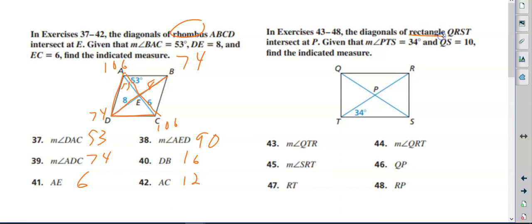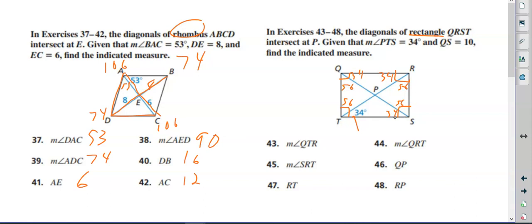So here we have a rectangle. So we know all of these are 90 degrees. Okay? If this is 34 right here, then 90 minus 34 is 56. Okay, and opposite interior angles, this is 56, this is 34, this is 34, and this is 56, and this is 56, and this is 34.